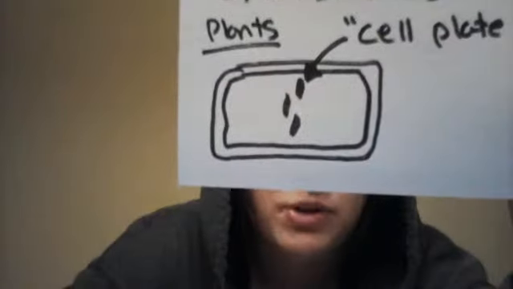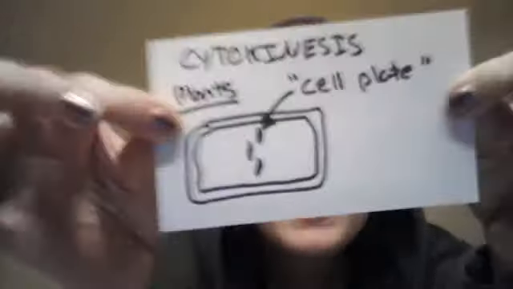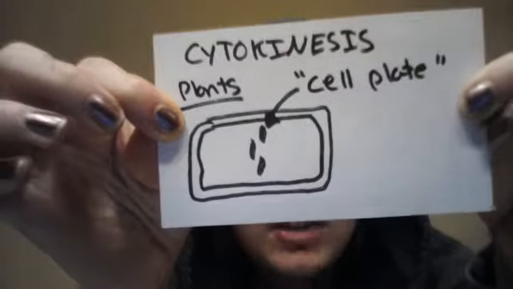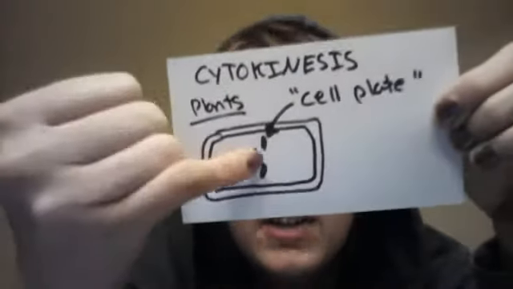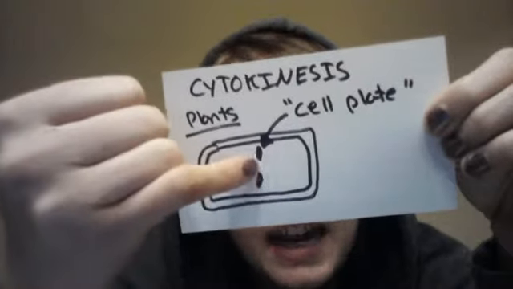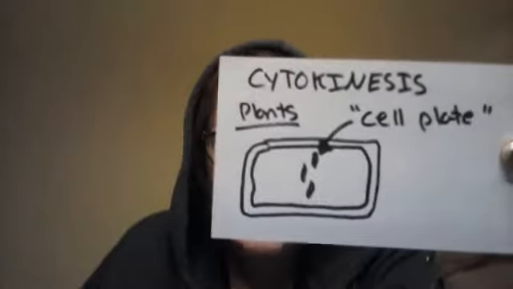This is a very poor drawing, but what happens is the cell wall is pinched off from the inside out. It starts to build the cell wall inside the cell, and then it grows, and then it will section off. It doesn't pinch off like a contractile ring. It just kind of grows, and then it's done. So that's called the cell plate. The other one is called the contractile ring.